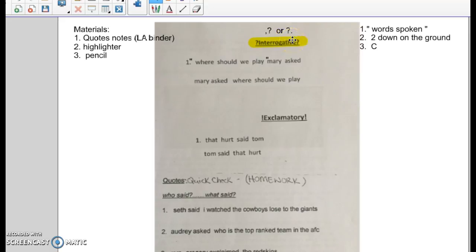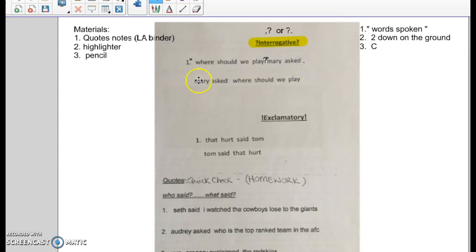The trick is the question mark needs to actually go with the question. I see people mix this up all the time. Which part of this is a question? She is asking, where should we play? So the question mark goes with "where should we play." That is the question. And then we put a period at the end because we're actually telling them what she asked.